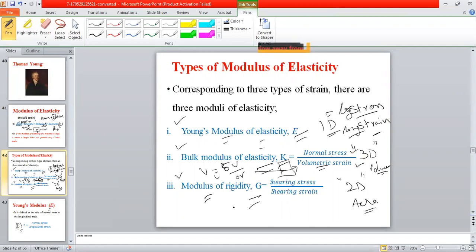And the third one is the rigidity modulus. It is considered as shear stress by shear strain. We have found how to find the shear stress, and how to find the shear strain, in the previous slides.